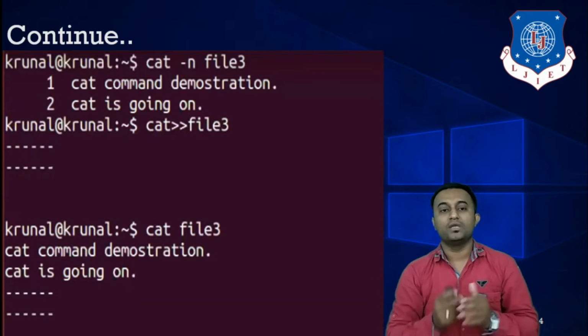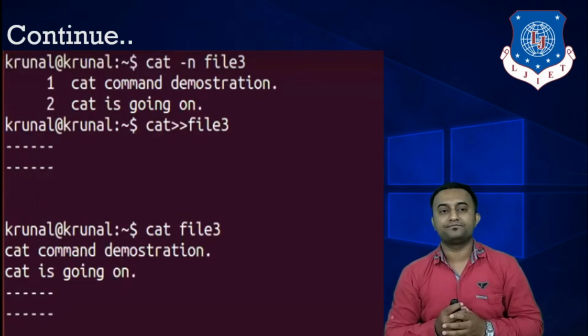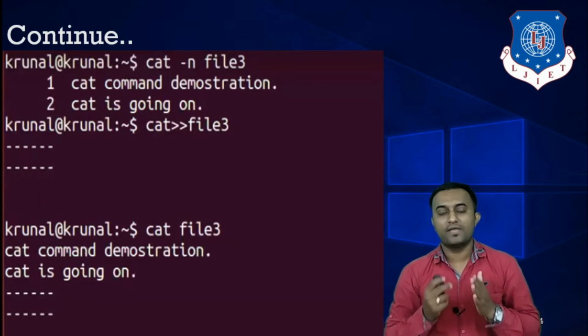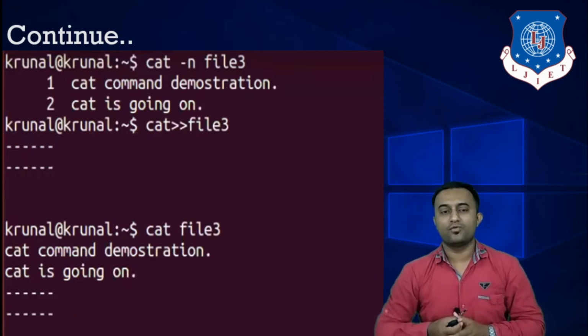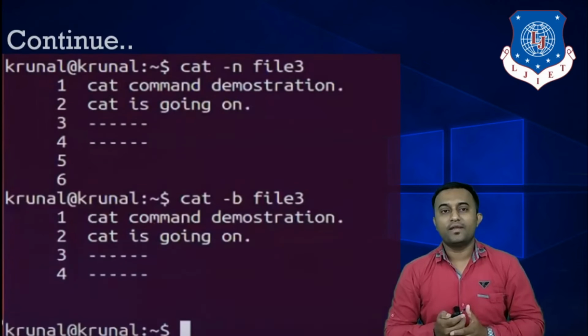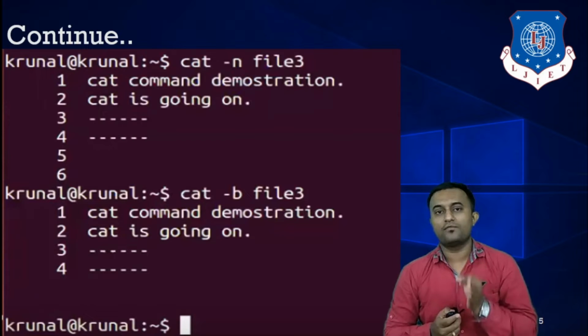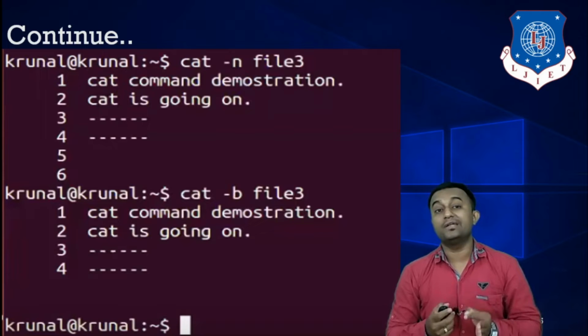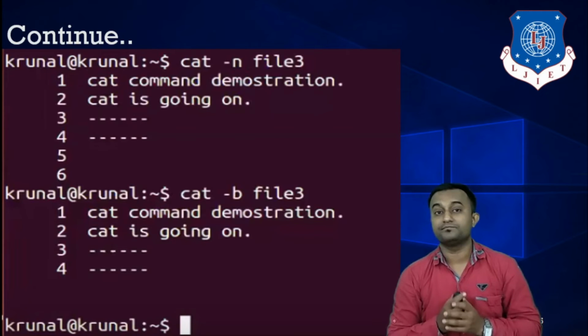It will show me the text as well as whatever content we have recently inserted. It is displayed over here. Now if I need to display the line number of each and every row that I have, even though it does not contain any text, that row would be represented with a line number.